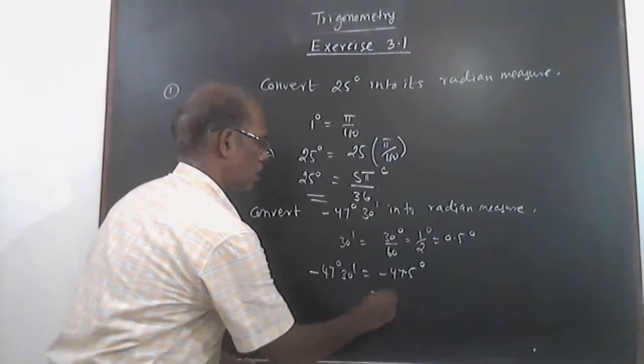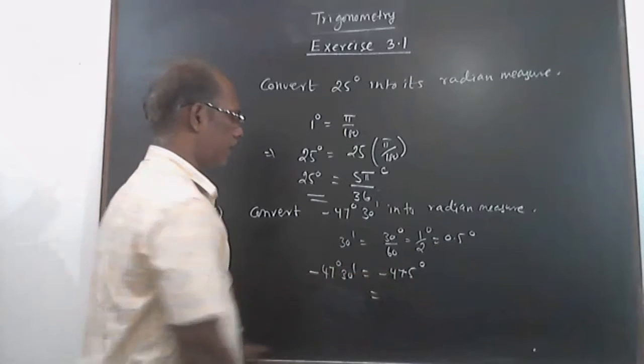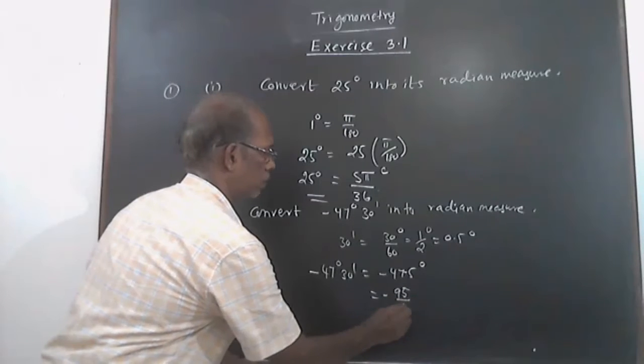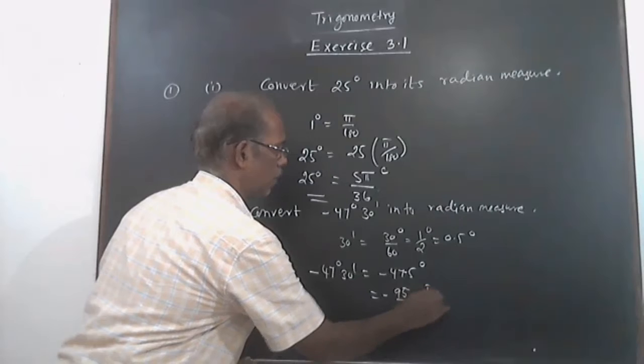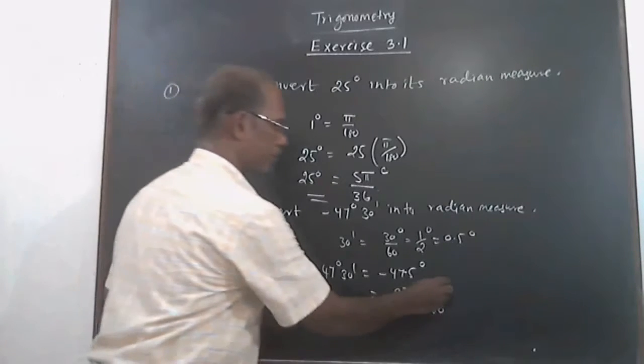So this can be written as minus 95 by 2 into 1 degree, which is nothing but pi by 180 radian.